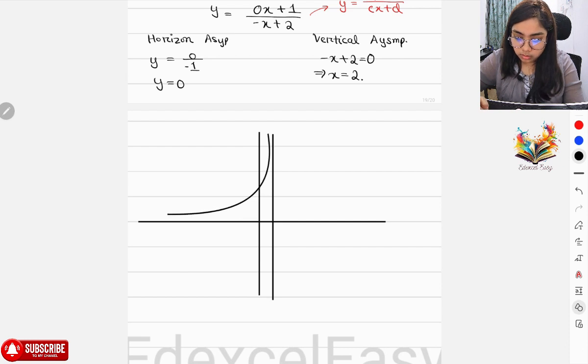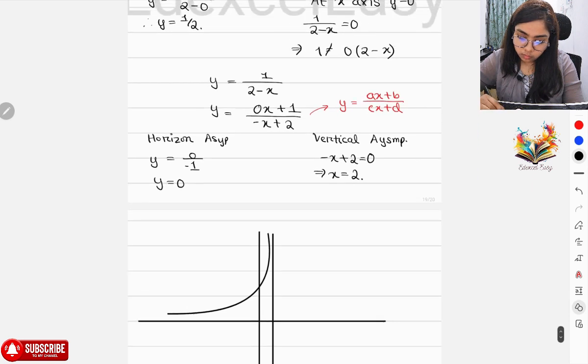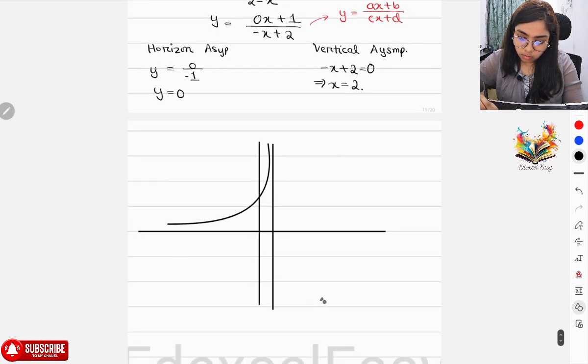This is one of the portions, and it crosses the y-axis over here. This is how the other branch would look. I'll include a different diagram with a different color for the graph, and the asymptote will be a broken line like this.